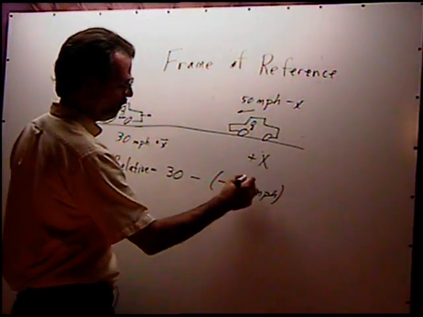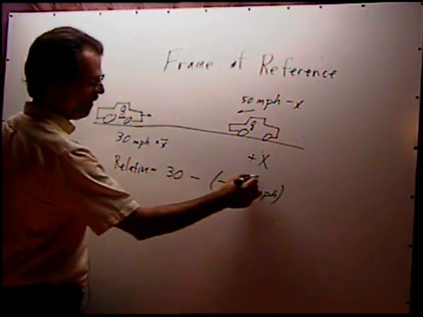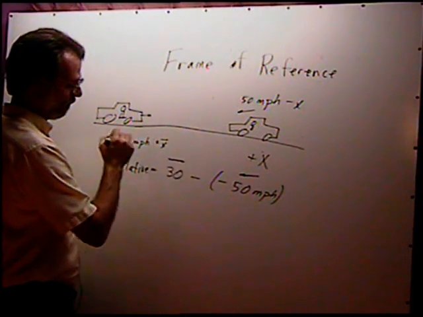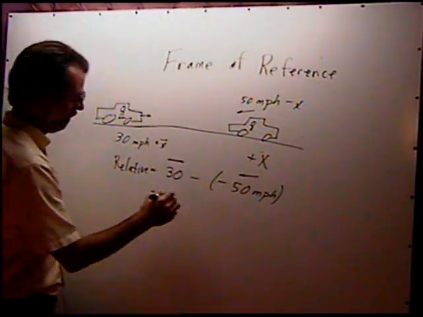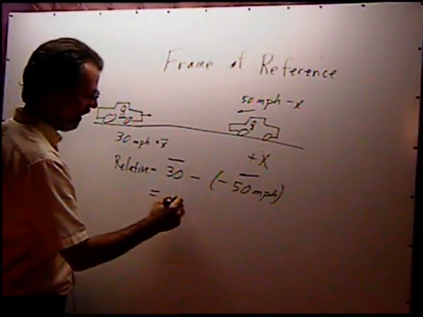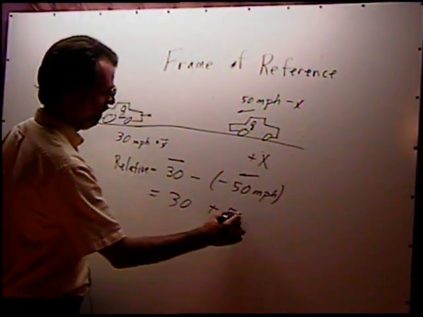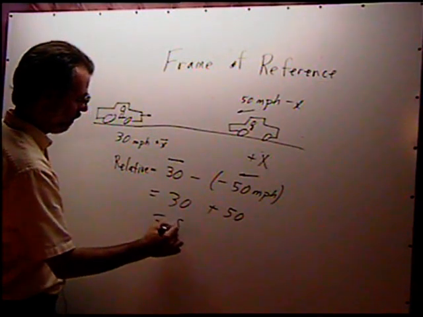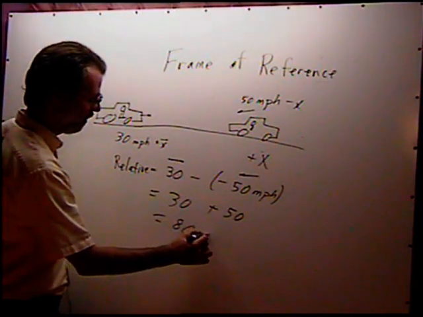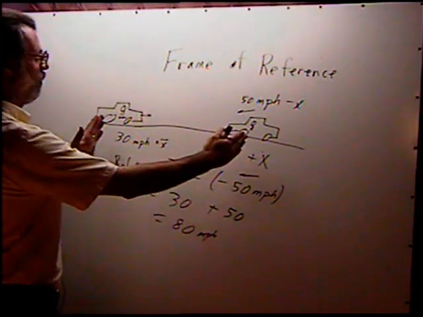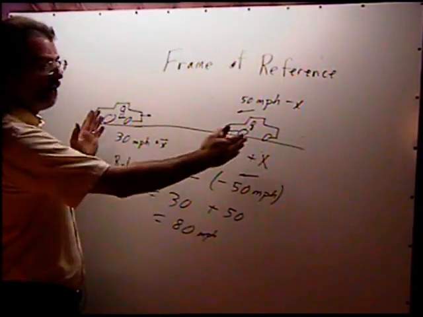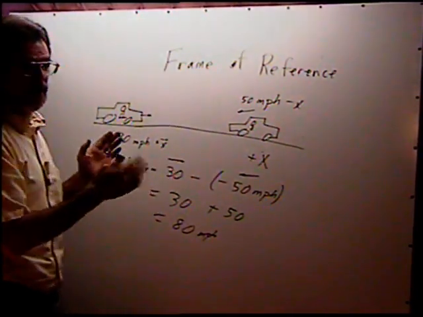It's minus because we're going the opposite direction. The two minuses cancel out, giving a plus, and we have 30 plus 50, or 80 miles per hour. So our relative velocity compared to each other is actually 80 miles per hour.